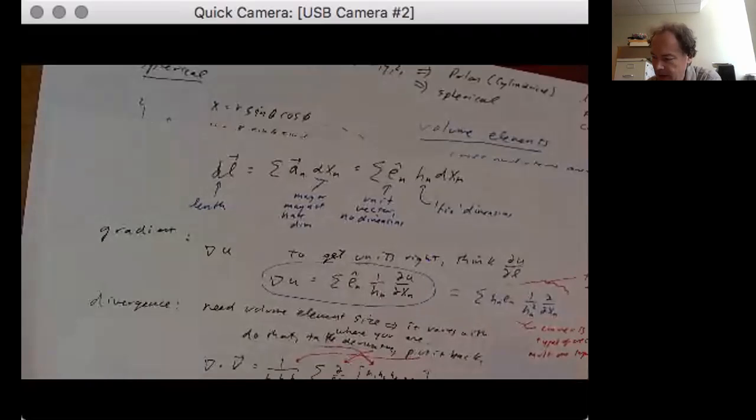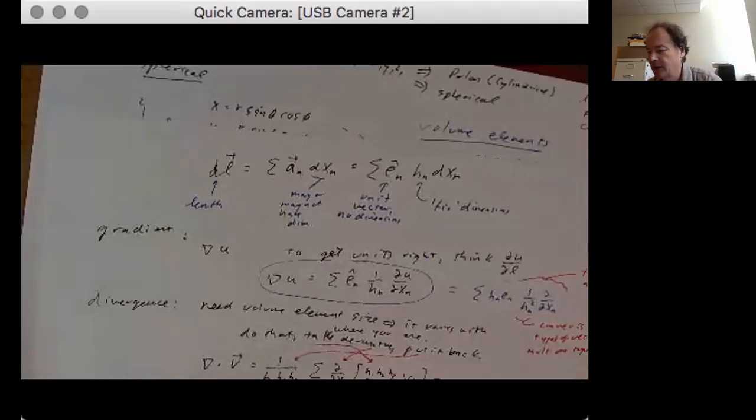Just to give you an answer, in Cartesian, when all the h's are 1, it kind of falls apart. You have the sum over x sub i of dv dx sub i.